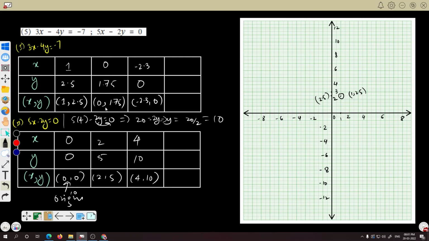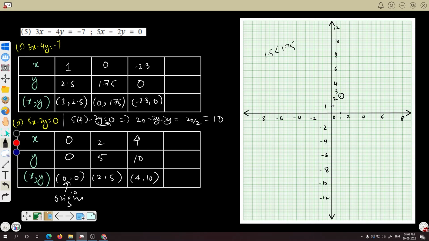Now the next point is 0 comma 1.75. So x coordinate is 0. I'll erase the coordinates. Fine. Now the second point is 0 comma 1.75. To find 1.75, exactly between 0 and 2 we have this point, that is 1. So 1.75, of course, is more than 1.